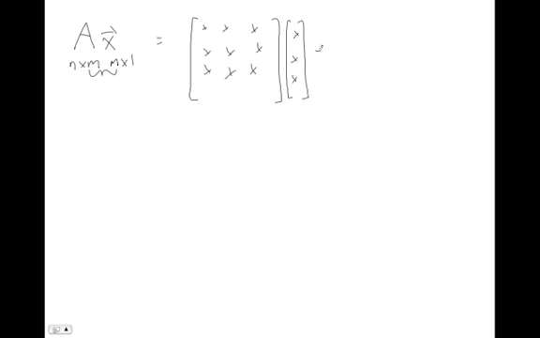The way that I come up with entries of the resulting n by 1 thing is, for this first entry, I'm going to multiply the first row times this column, and that's going to go here. And then for the second entry, I'm going to multiply this row by this same column, and that's going to go here. And we continue with this operation. To actually do the mechanics of this multiplication is pretty easy.